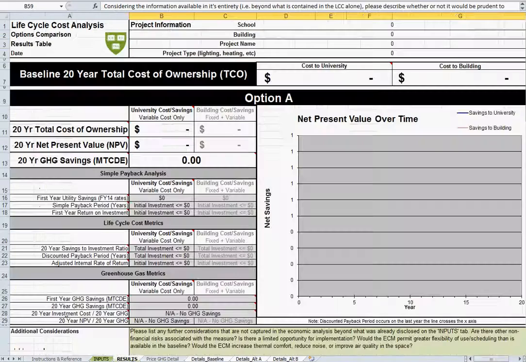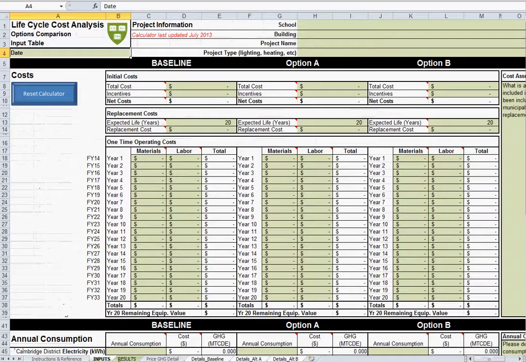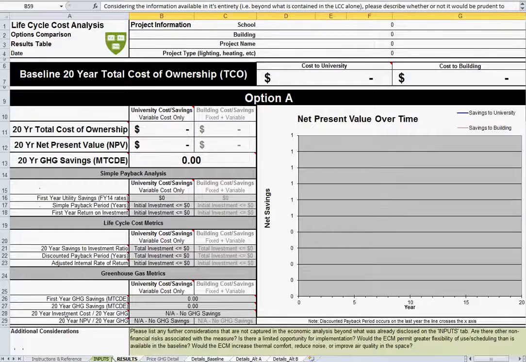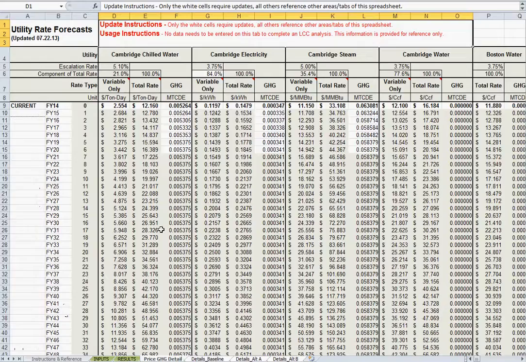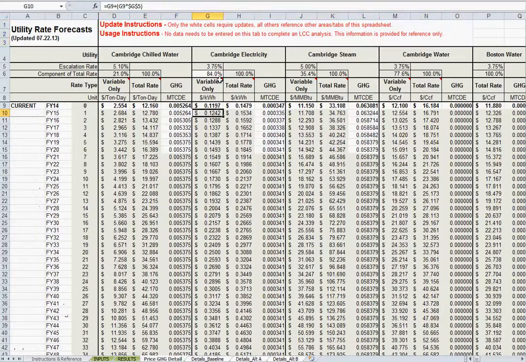Generally, we recommend you should just be staying in the green stuff going forward. There's no need to edit those other things unless you're trying to adapt this calculator for use outside of Harvard, in which case you really should just be editing the price and GHG detail. You can just go through and change these rates. You can see these white cells are the ones that need to be edited.